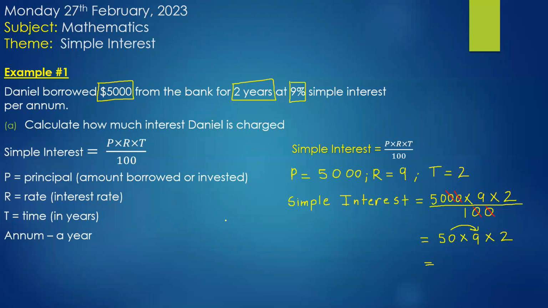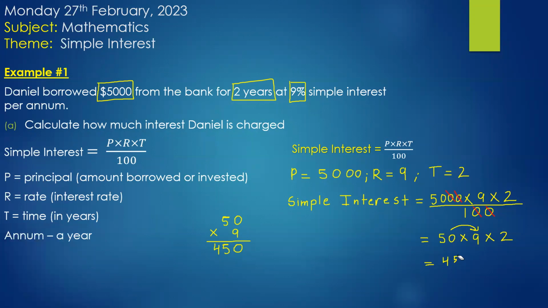So what is 50 times 9? Let's do that first. 450. 9 times 0 is 0, and 9 times 5 is 45. So there's going to be 450. And now we have 450. Now we're going to multiply that by 2.